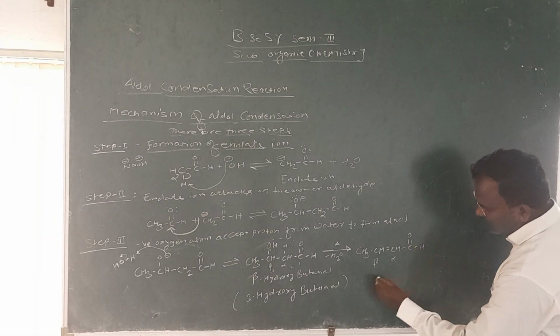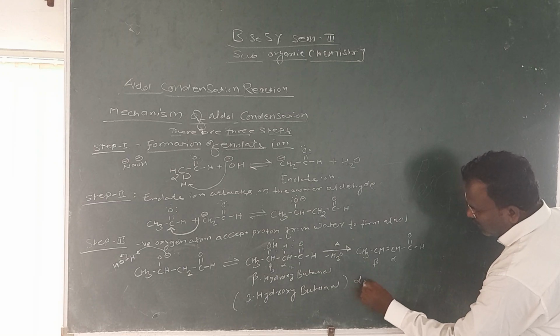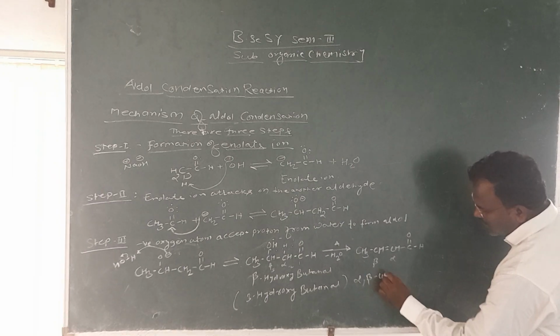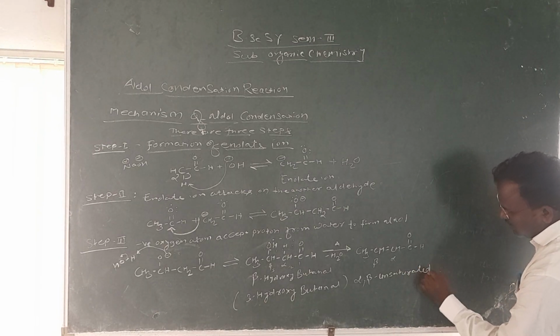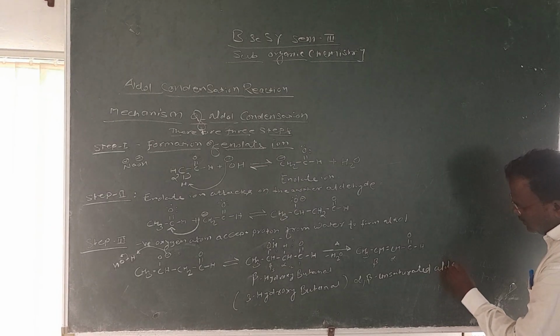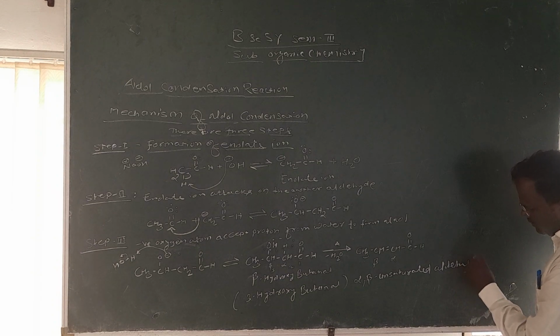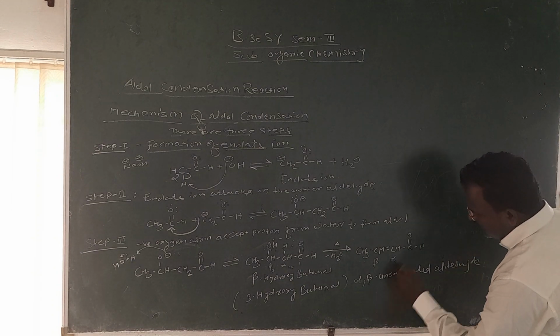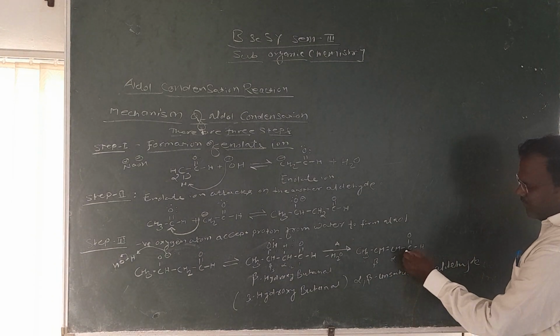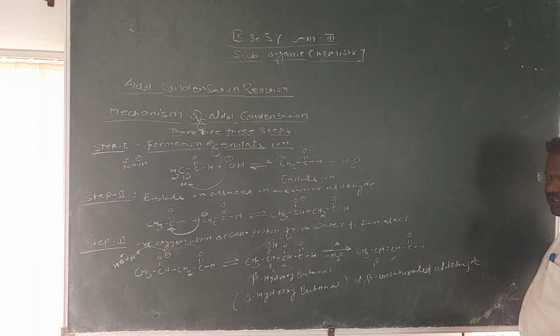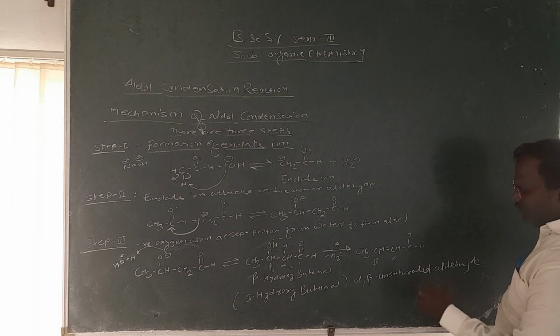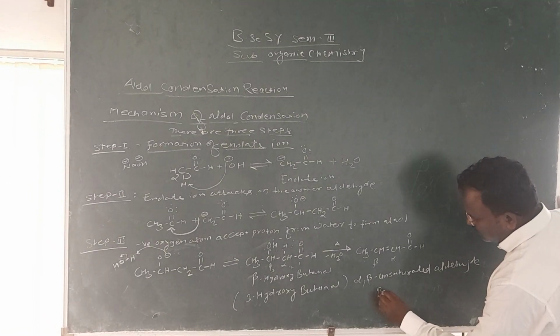Alpha beta unsaturated aldehyde. The number of carbon atoms is 1, 2, 3, 4, butane, and the alkene group is present at the 2 position, butenal.